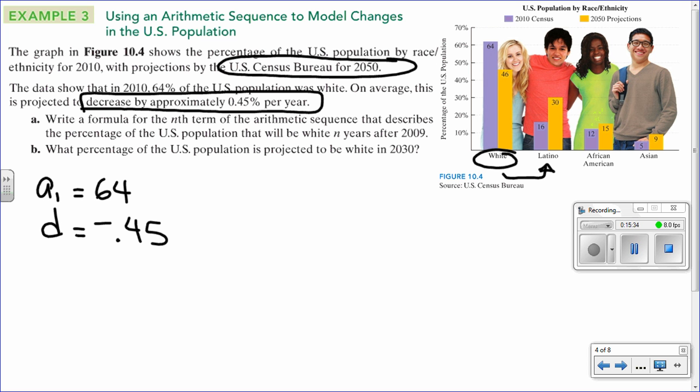Now you can see that based on that, the projection for 2050, that will be what's in the yellow bar, will go from 64 down to 46%. These are just percentages, don't think of millions or billions. Then what's happening to the Latino population? It's increasing, right? Growing. And perhaps because they have more children, right?